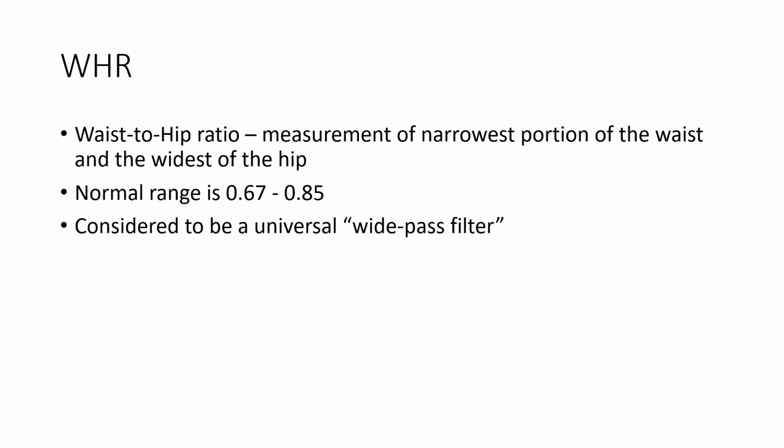And one wide pass filter, or one criteria that you could use to narrow down your mate selection, would be to focus in on waist to hip ratio. It's more likely that if someone has a healthy waist to hip ratio, meaning that they're more narrow at the waist than they are at the hip, they will be reproductively successful and therefore would be a good mate to select.